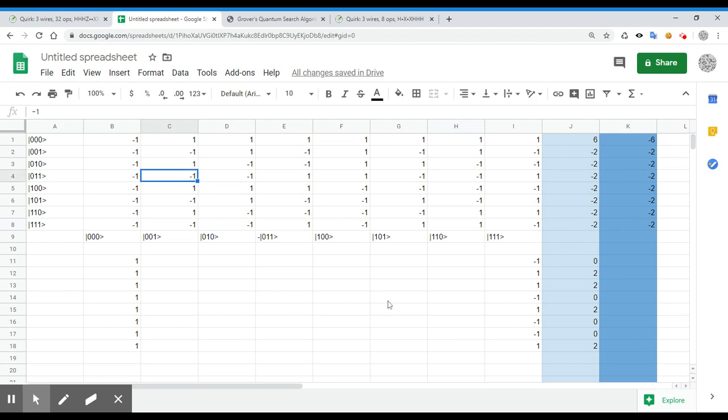So -1, -1, -1, -1, that's correct. So +1, -1, that's not, that's -1, +1, minus, no, plus 1, minus 1, minus 1. That's correct.